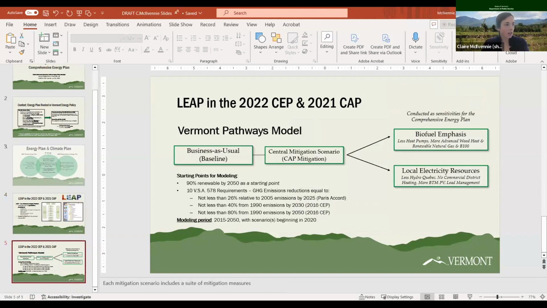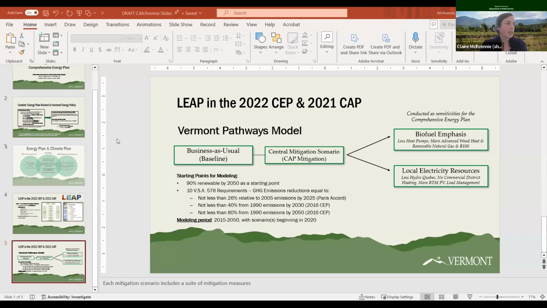And then the way we approached the modeling was that we ended up running 4 different scenarios to help guide, again, the strategies. And I have the starting points here. We had a 90% renewable by 2050 goal as a starting point that was established in previous comprehensive energy plans in Vermont.